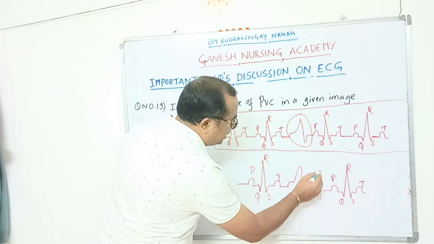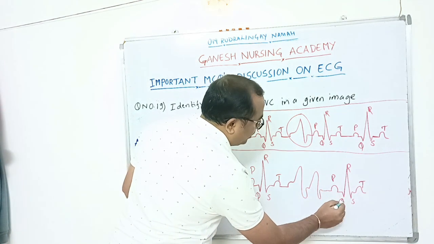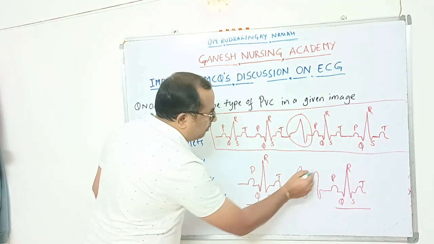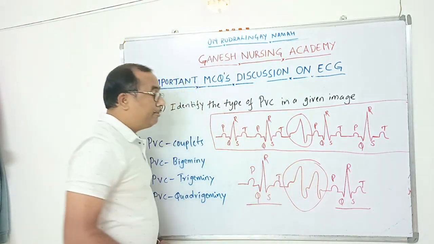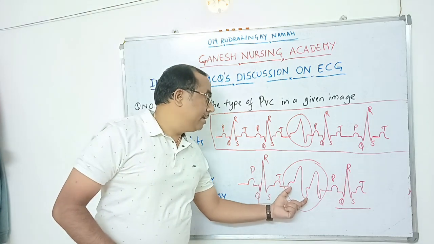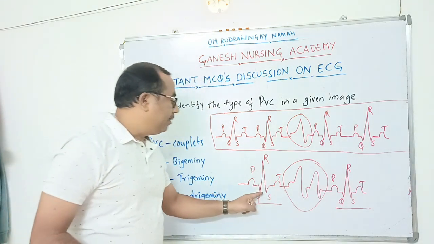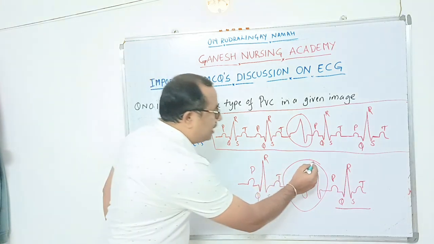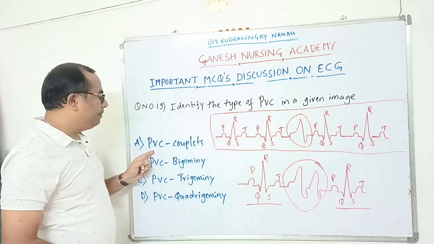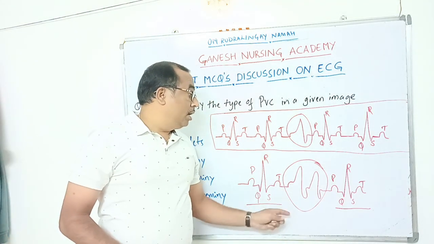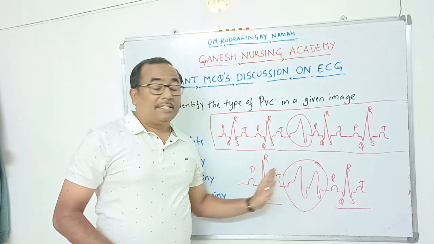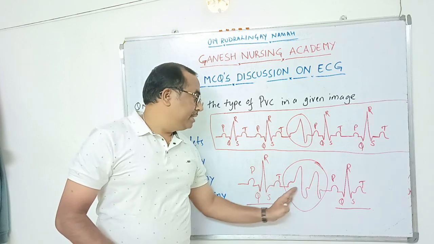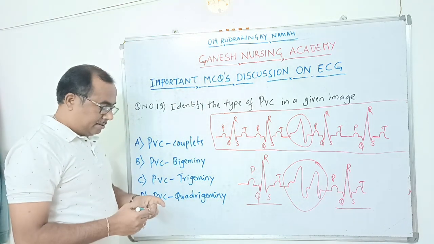Then these are the two ectopics, and again P, Q, R, S, T, a normal rhythm. In between the normal rhythm, two ectopics have entered consecutively. So this is known as PVC couplets.